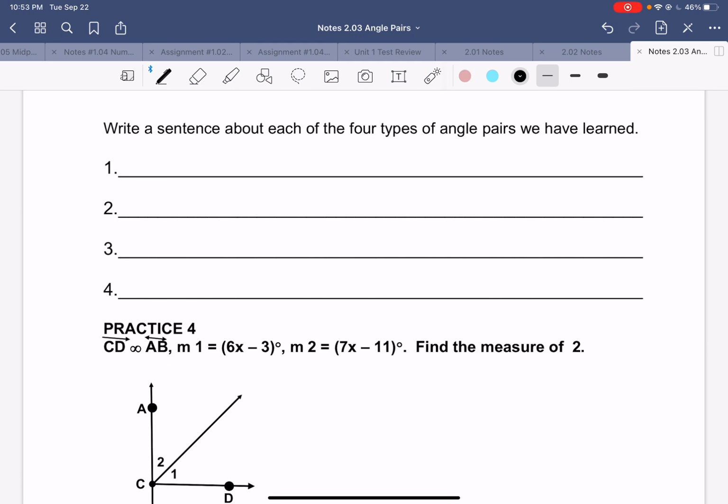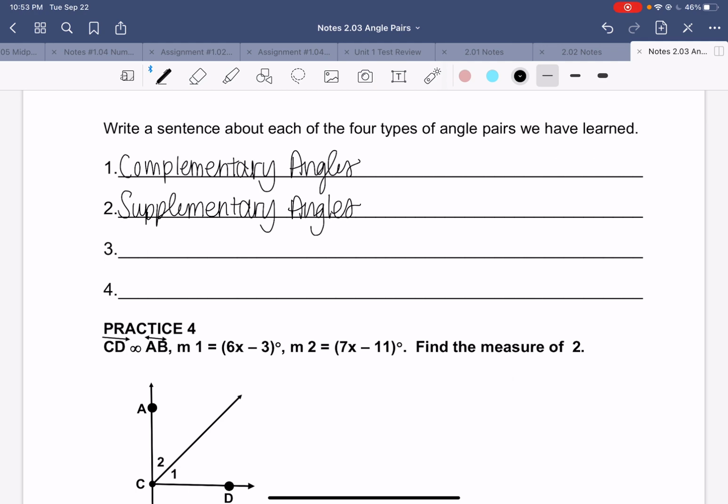So the 4 types of angle pairs that we have learned: complementary, we've learned supplementary, we've learned vertical pairs now. And we have learned linear pair.